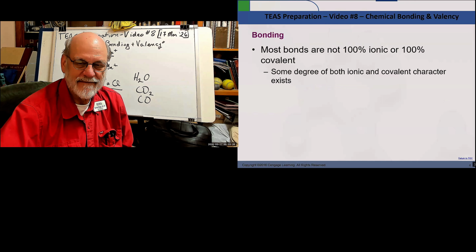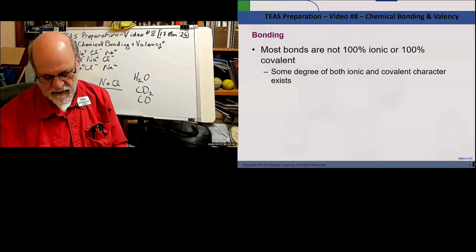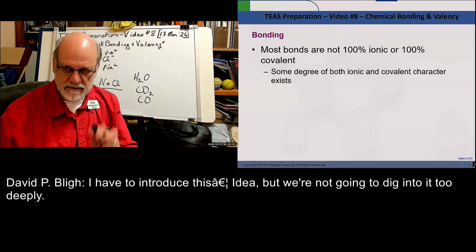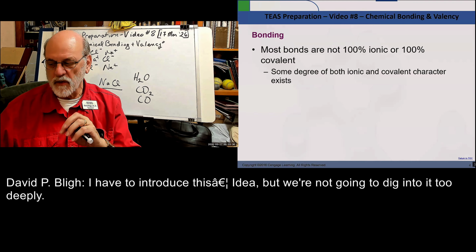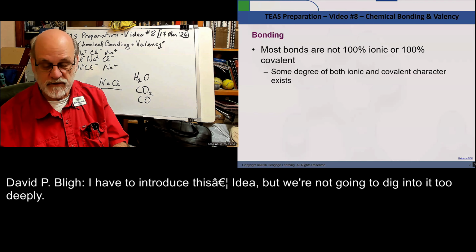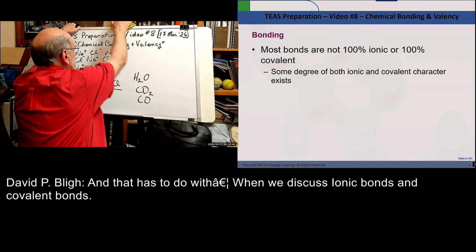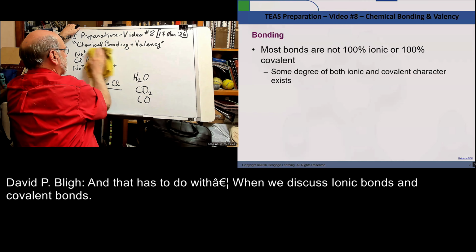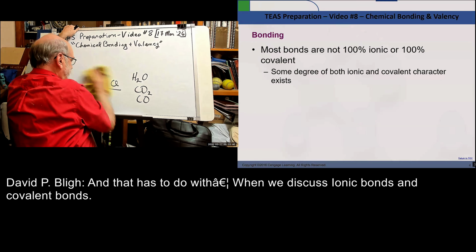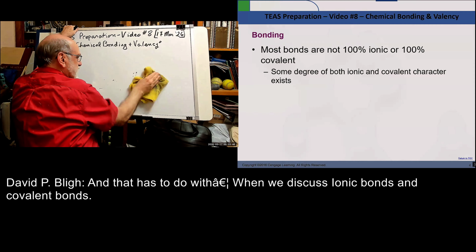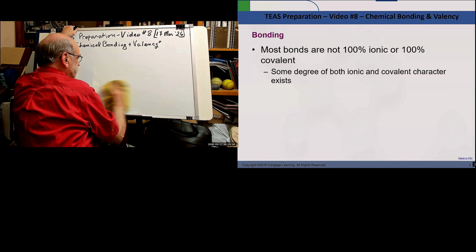Let's see. I have to introduce this idea, but we're not going to dig into it too deeply. And that has to do with when we discuss ionic bonds and covalent bonds.